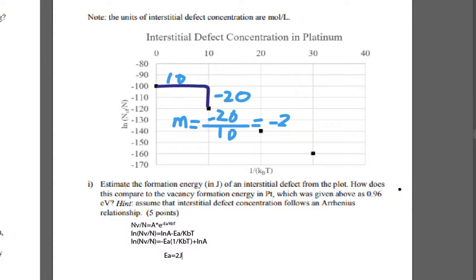No, it doesn't seem correct, because 2 joules is a very big number compared to the other guy. But it's 1 over kBT, so those would cancel.